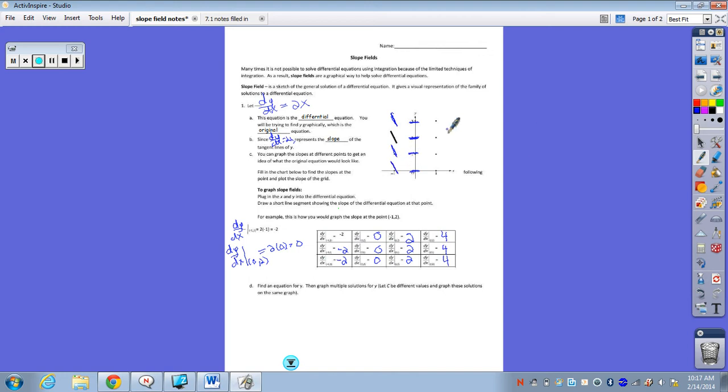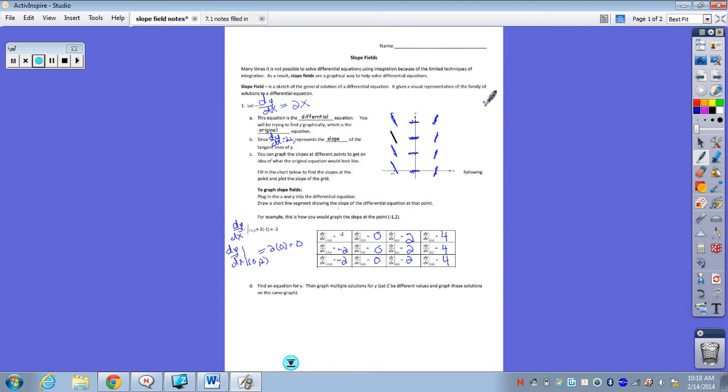It's a little hard on here. At 1, the slope is always 2. So I'm going to draw pretty much the same steepness as this line, but going in the positive direction. Just do your best. Just make sure that you can tell if your slopes are negative, positive, or 0. And if you have a slope of like 1 and 3, be able to tell which one is steeper.